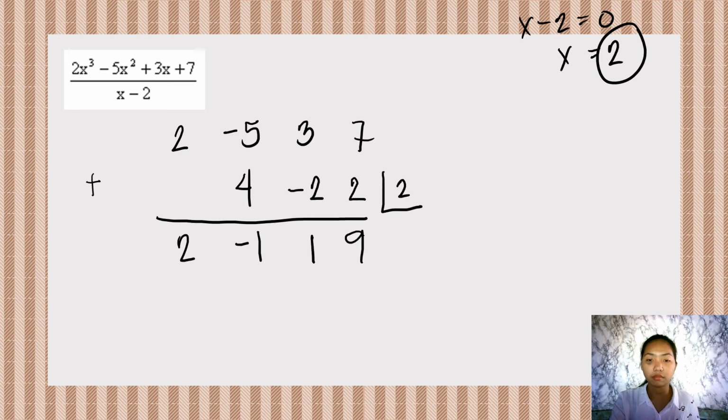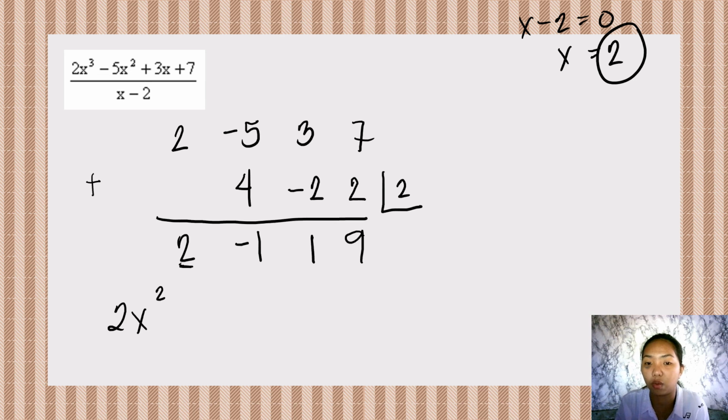So the coefficients 2, negative 1, and 1, and 9 is not yet the final answer. We will write it as an expression, a polynomial. Since the biggest degree is 3, we start with 2x squared. 2 is the coefficient from our answer.